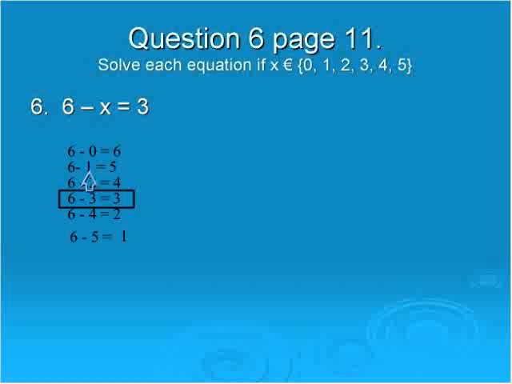And so what we did, we just plugged the x values from our sets, 0, 1, 2, 3, 4, 5, and we found that that is the right answer there. So this one here is correct. Therefore, x is equal to 3. Alright, that is how we would solve this equation using the set up here.